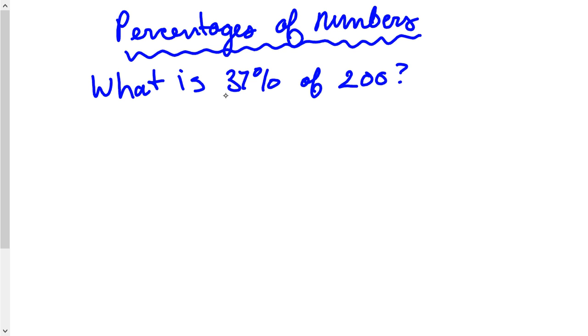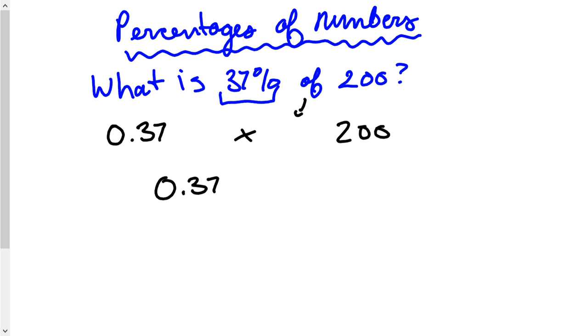We have to first change this to a decimal. So this would be 0.37 and 200 gets to stay the same. Of, in this case, means multiply. So we're just going to go 0.37 times 200 is equal to 74. So if something was marked 37% off and the original price was 200, you'll save $74.